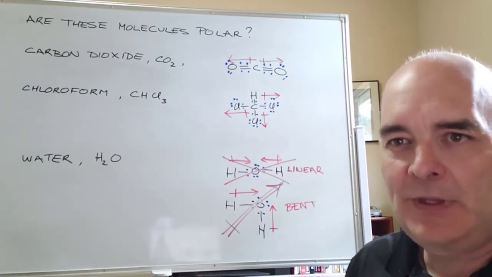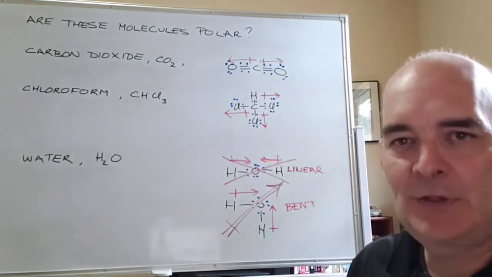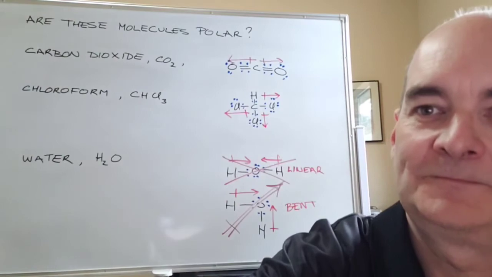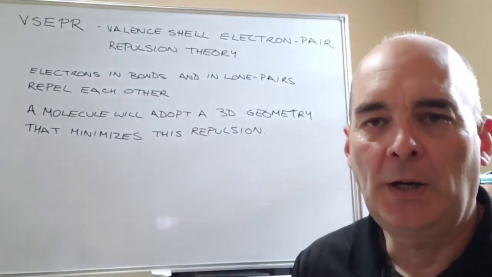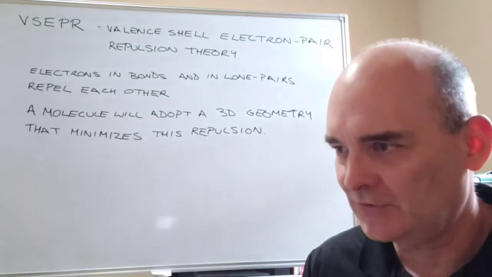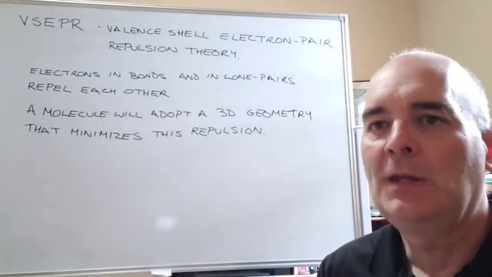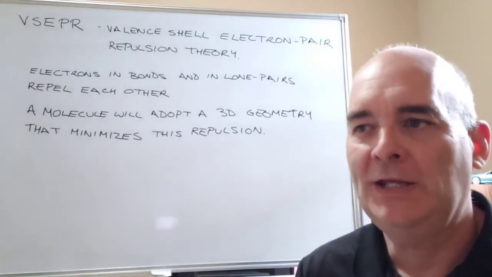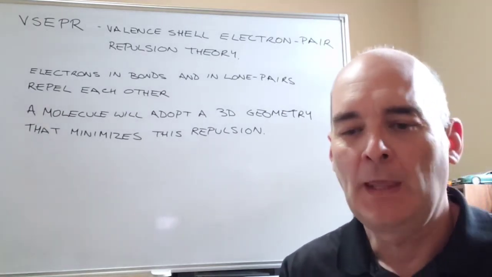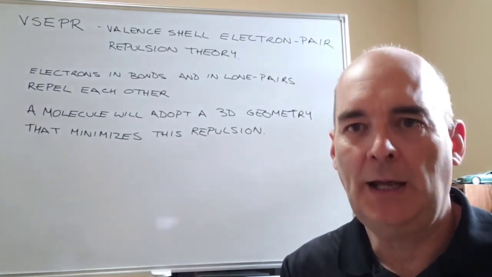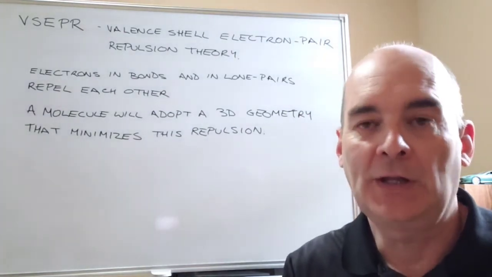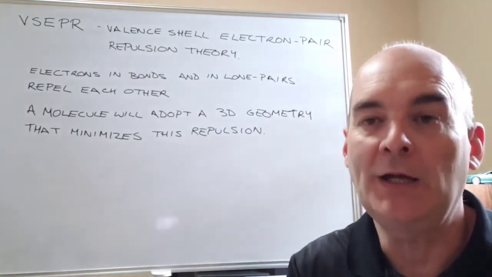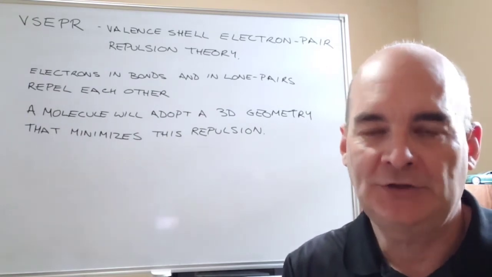And that is something that is going to need to be explained to us in an expansion of theory that we haven't seen yet. The three-dimensional part of the puzzle is revealed to us through VSEPR, that is valence shell electron pair repulsion theory. And what VSEPR tells us is that the electrons within a chemical bond and the electrons that are in non-bonding pairs of electrons, the lone pairs of electrons, they repel each other.